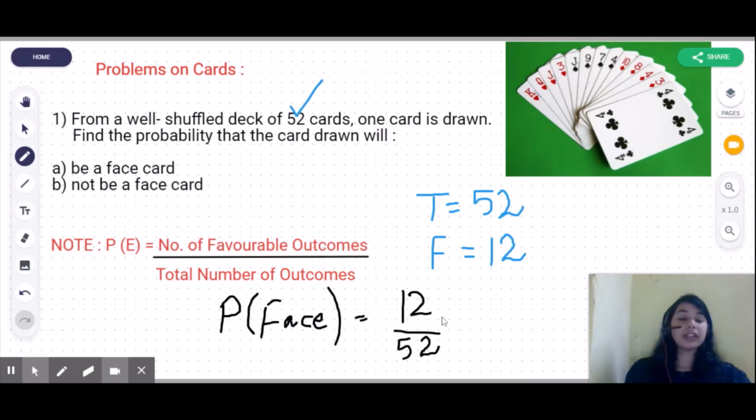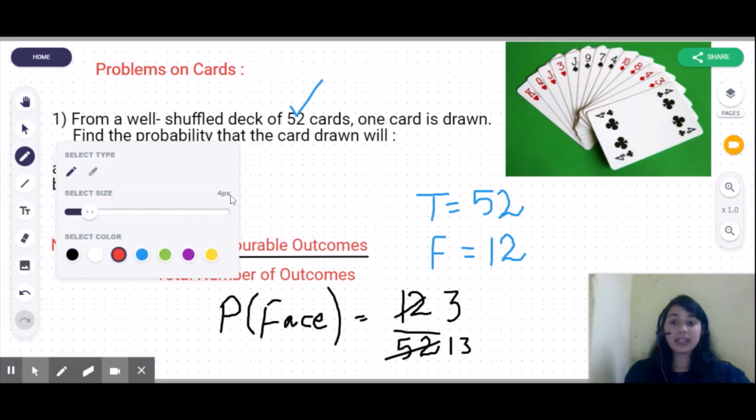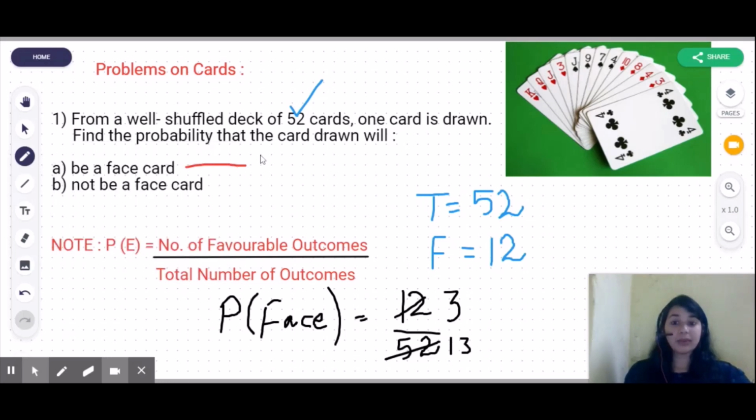Now, a very important thing to remember is always convert your fraction to the lowest possible form. So let me cancel this 12 and 52 by the table of 4. 4 threes are 12 and 4 13 times is going to give us 52. That means what is the probability of getting a face card? The probability is 3 by 13.